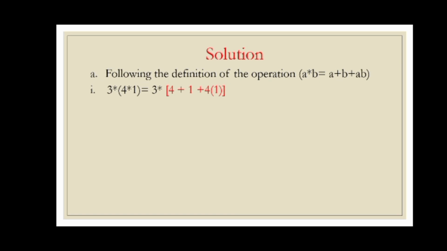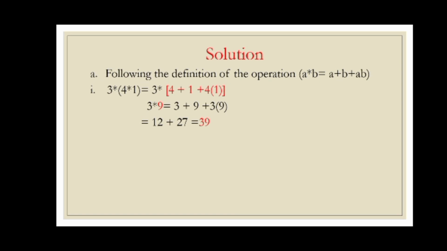Our 4 is our A, and the 1 is our B. Substituting into the definition, we have A, that is 4, plus B, that's 1, plus AB, that's 4 times 1. 4 plus 1 is 5, 4 times 1 is 4, so 5 plus 4 is 9.